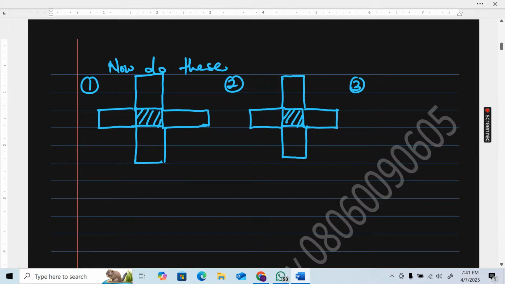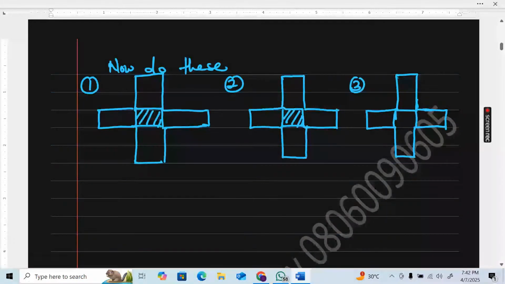And I have the third diagram. Okay, so I have the diagrams for number 1, number 2, and number 3.